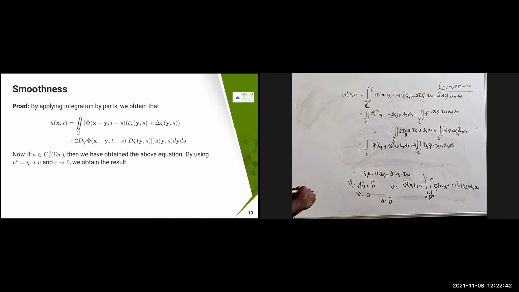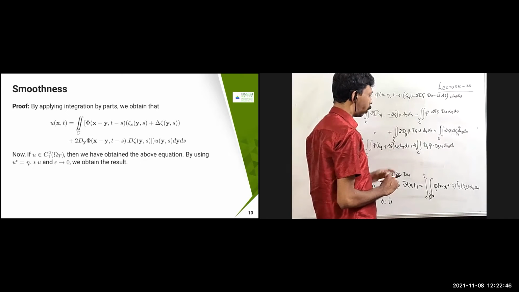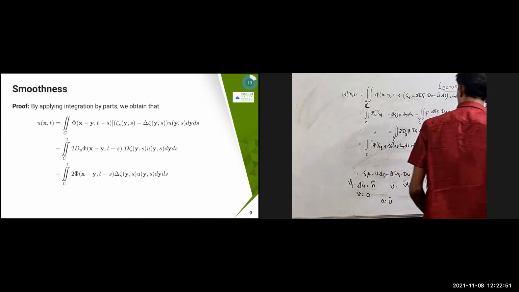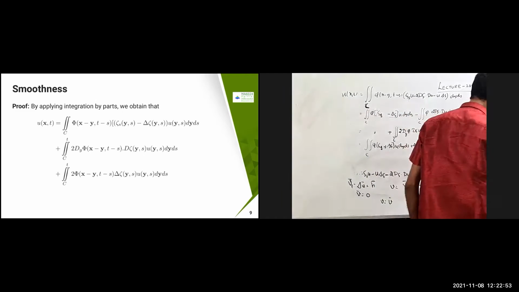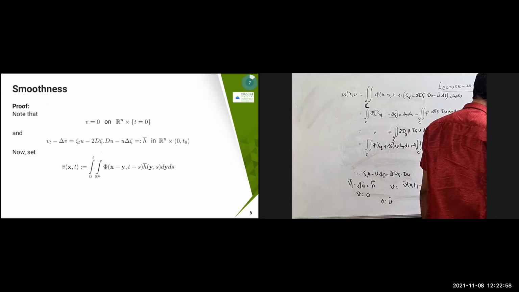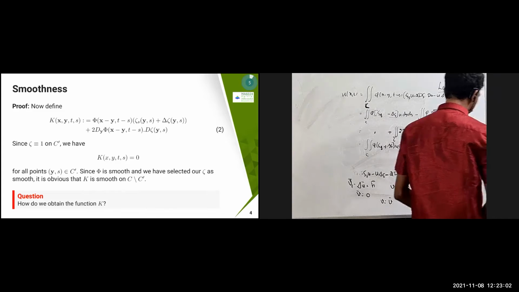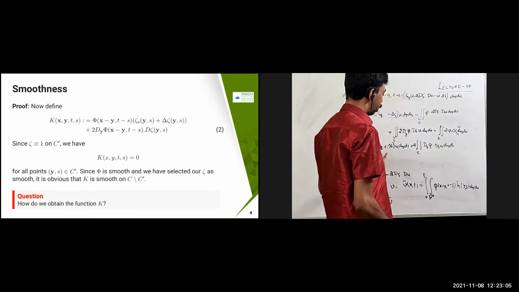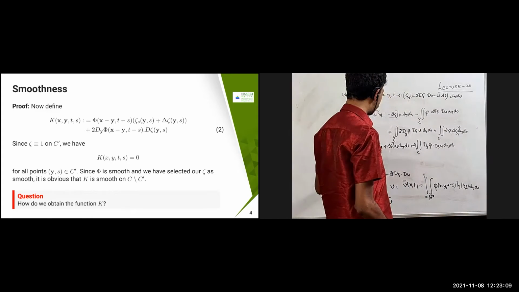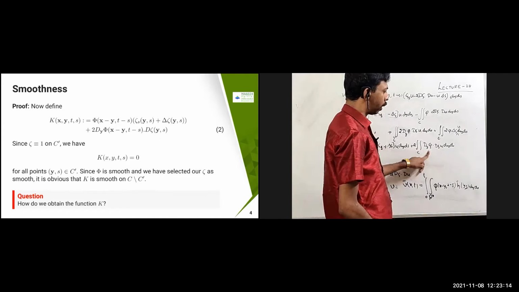Now, since u belongs to c1 square of omega t, this is the same thing we mentioned here. I'm just combining this together. Whatever I have mentioned as k of x comma y comma t comma s, the same thing is going to come, because k of x comma y comma t comma s I defined in this way: pi of x minus y comma t s, pi into psi s, pi into del psi plus 2 times dy pi into d psi.